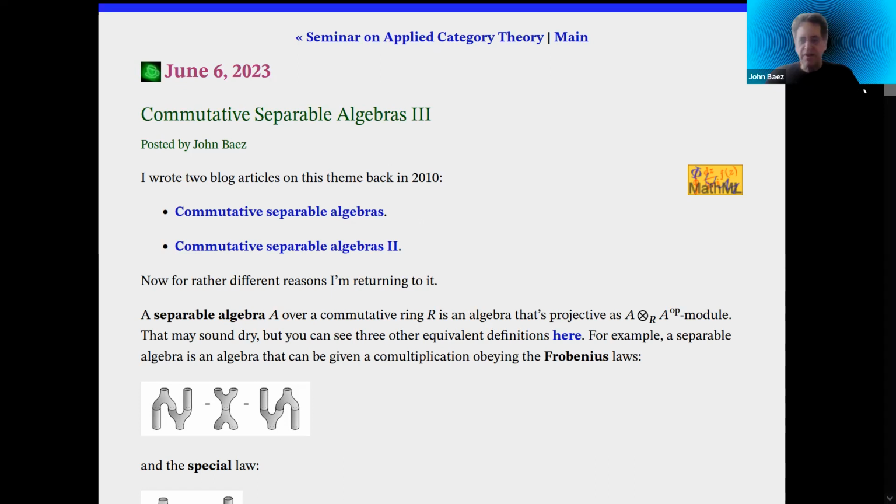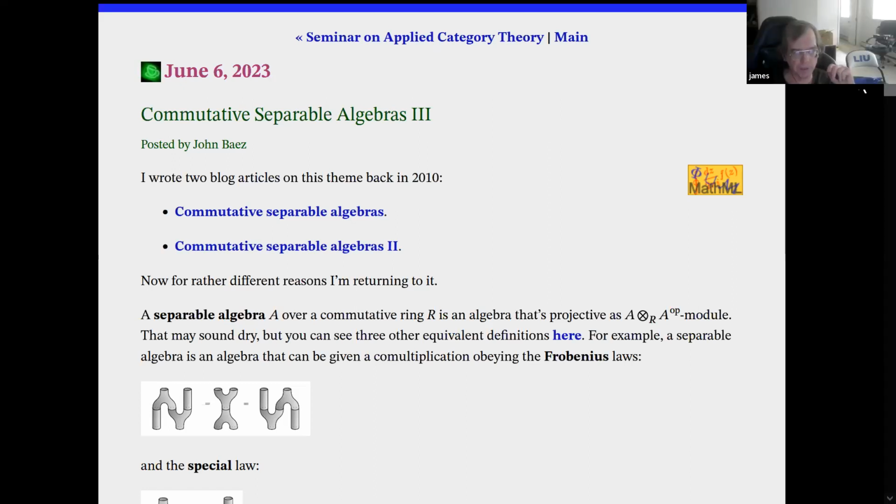But you may or may not, I forget how much I've told you about this and also how much you know about it, but to get the Brauer group, you look at the Morita equivalence classes of invertible monoids. So monoids that have a tensor inverse.